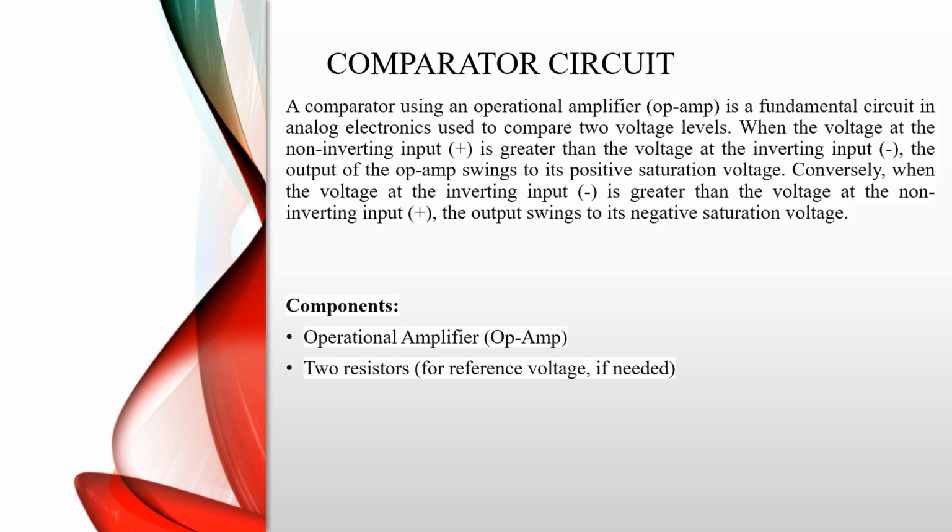One power supply for the op-amp, that is typically plus minus VCC, whose value is nearly about plus minus 12 volt or plus minus 15 volt. Right, so these are the basic components of the comparator circuit, and this is the basic definition of the comparator circuit.